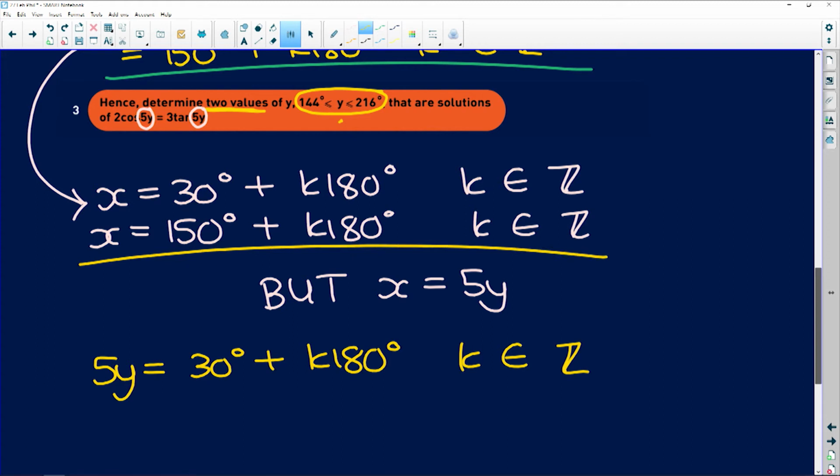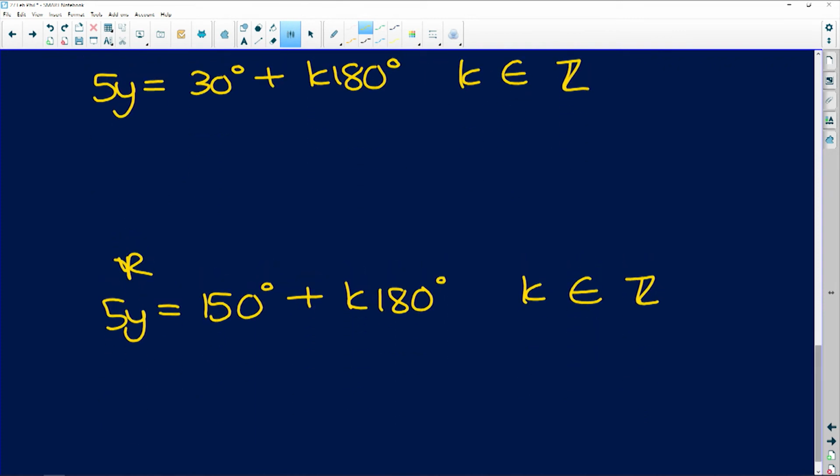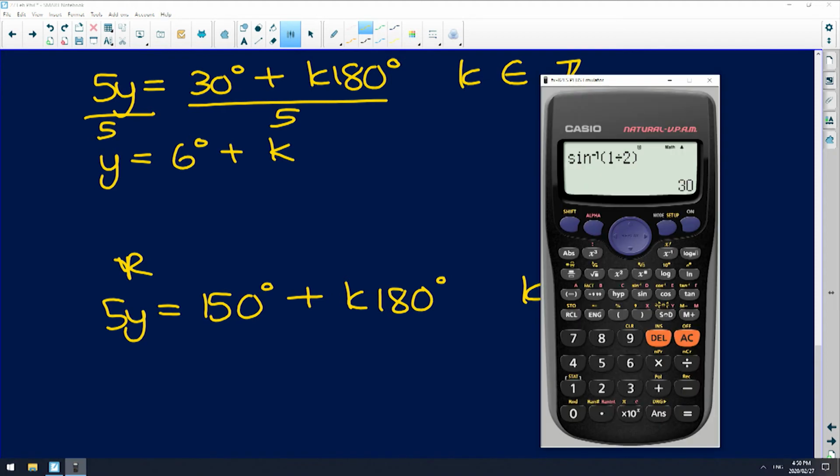Okay, so we found our general solution over here. But we are not working with the general solution, we are working with 5y. So now we need to go and manipulate to get down to y, because we're trying to find y. We have to divide everything by 5, every single piece. So that means that y is equal to 30 degrees divided by 5, which is 6 degrees, plus k. You even divide that k by 5. So 180 divided by 5, I'm going to be lazy and use the calculator.